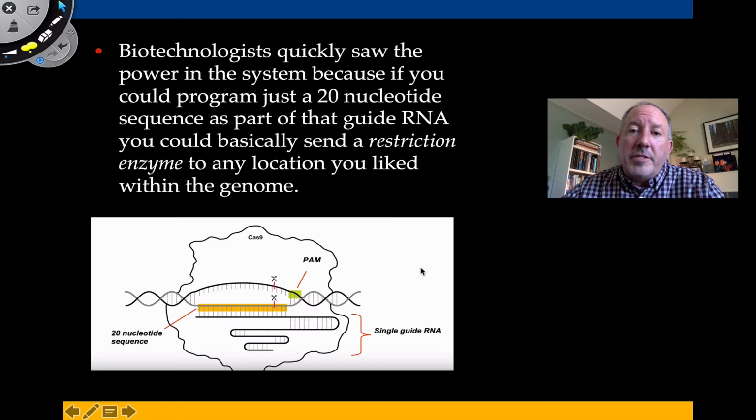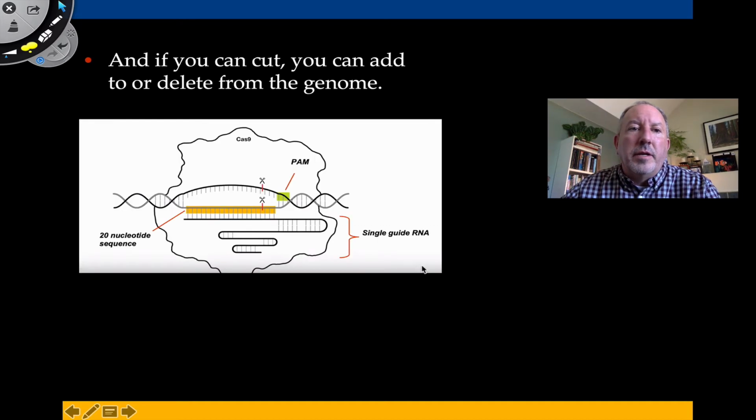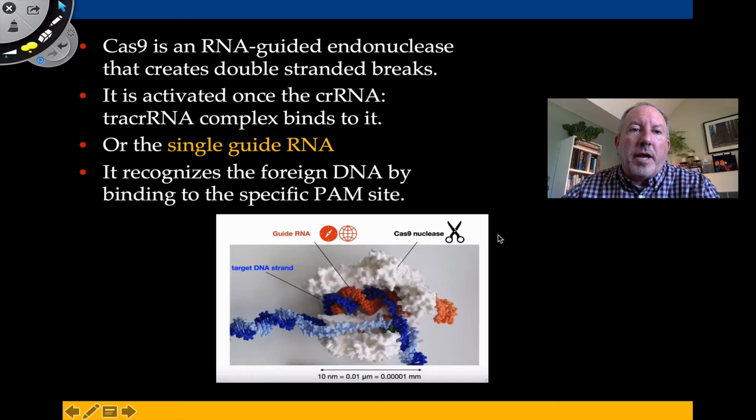Biotechnology was quick to see the power of this, because you can program this 20 nucleotide sequence of the single guide RNA, and basically it's like a restriction enzyme that is targeted to wherever you want it to be, and then it will cut the genome right where you want it. So you can cut it and add or delete from any genome using a single guide RNA.